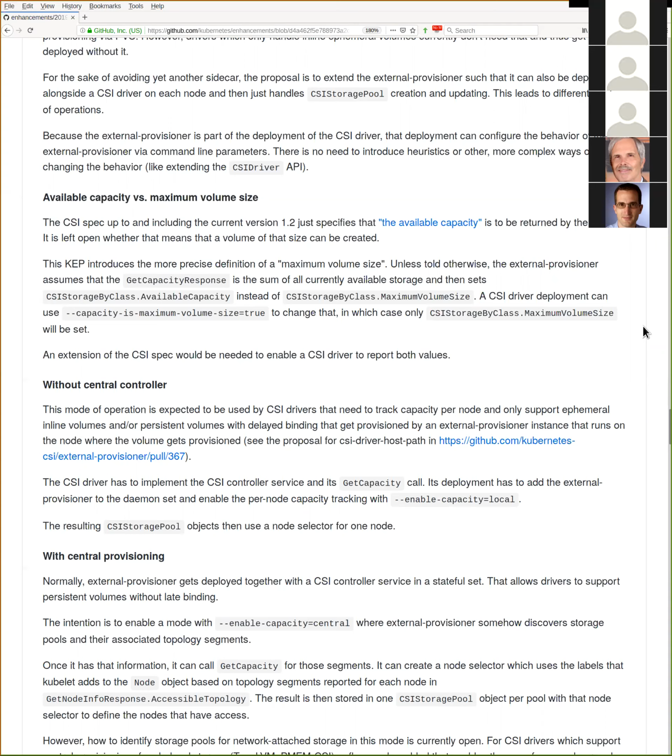So the scheduler has to deal with the same limitation, that two pods could be scheduled in a way that consumes more resources than are available. And this is just handled by allowing whoever loses the race to fail and then retrying.